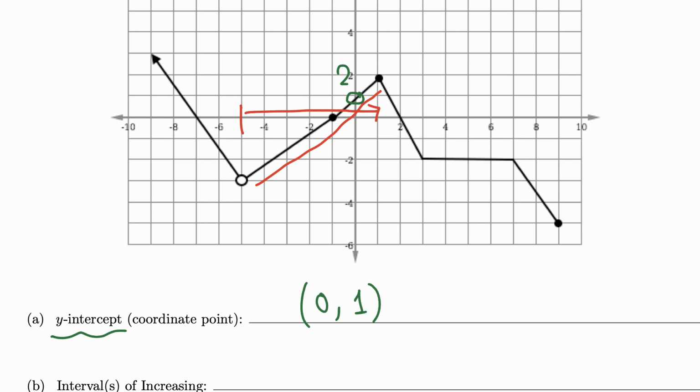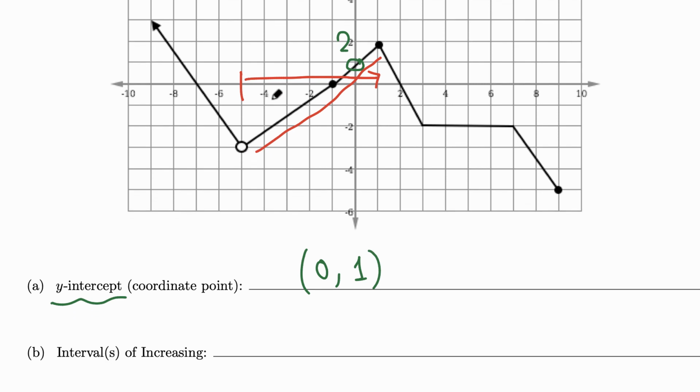So the answer is increasing where? This is a hole, which means it's not included. This is negative 5, not included. Then go to 1. We write a parenthesis, negative 5 to 1. That's increasing.